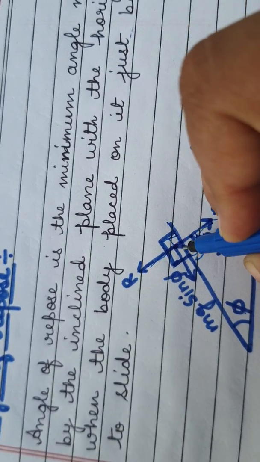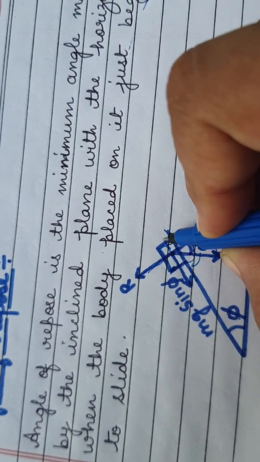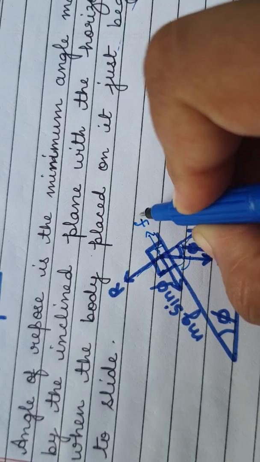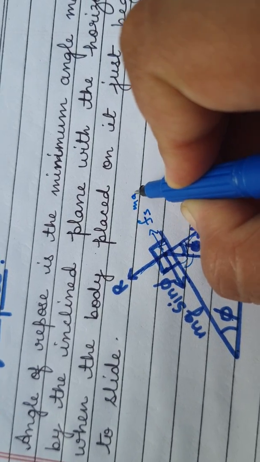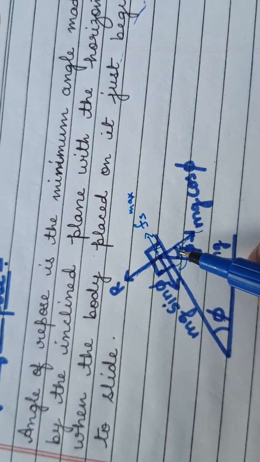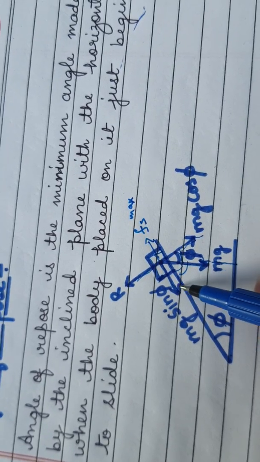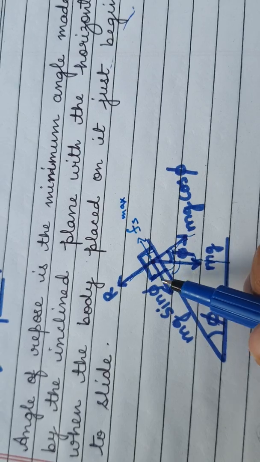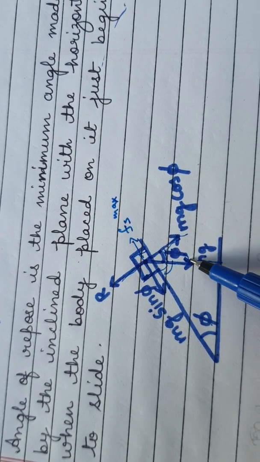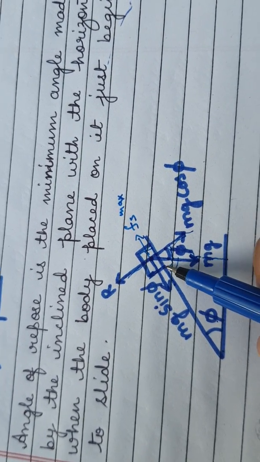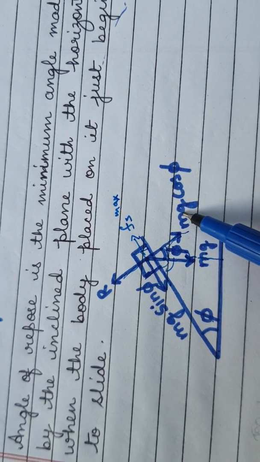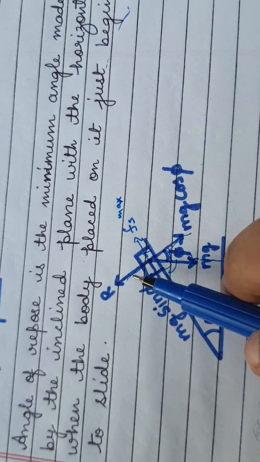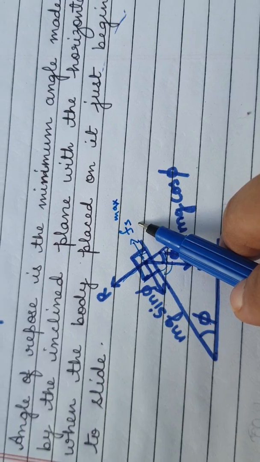When the body just is sliding, the friction force is Fs max, and this force is balanced by mg sin phi. Now how many forces are acting? Mg is resolved into two components, so there are four forces: mg cos phi, mg sin phi, R and Fs max.